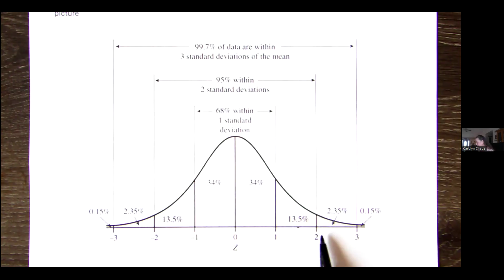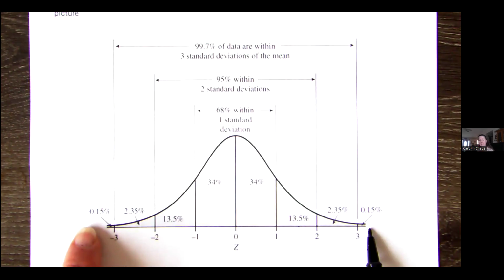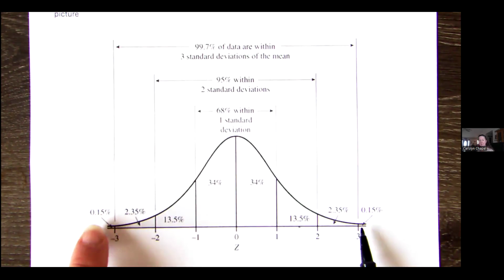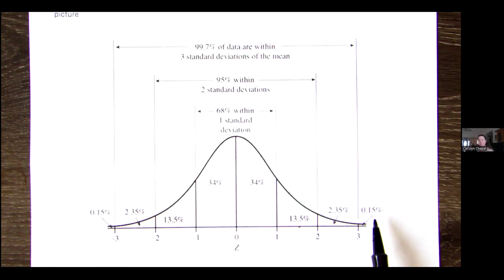I could have done 2 to 3 similarly, using the 0 to 3 and the 0 to 2 and doing some subtraction, and I would have gotten 2.35%. And then we also did these little upper tails, which was our 0.15%.